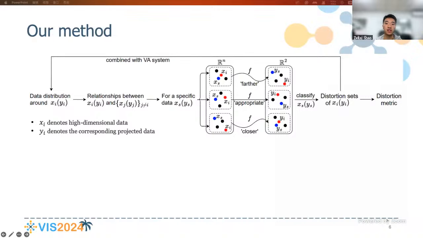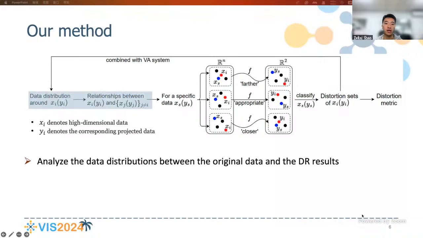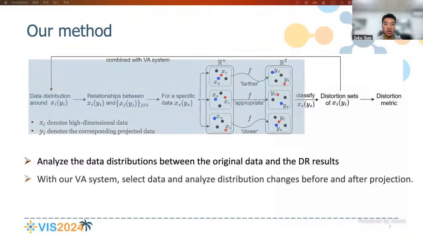So here is a semantic diagram and workflow diagram of our method. Actually, we first analyze the data distribution by measuring the relationships between the original data and the projection results. And then, combined with the VA system, users can select a data point and analyze the data distribution and its changes before and after projections.